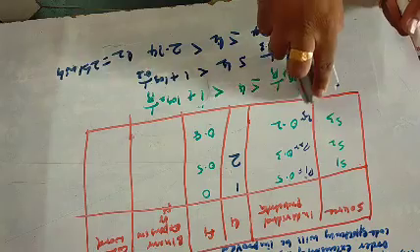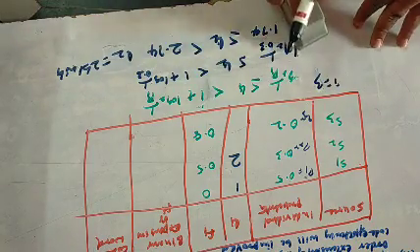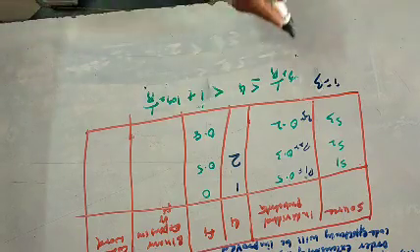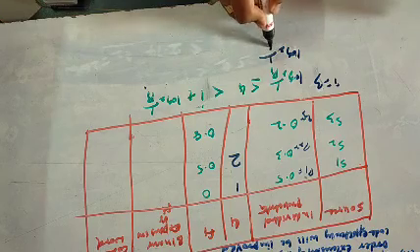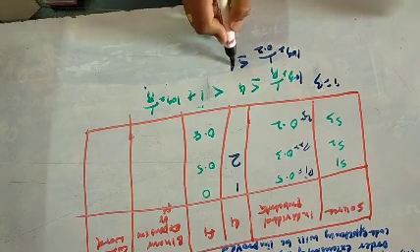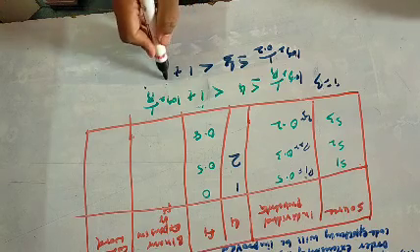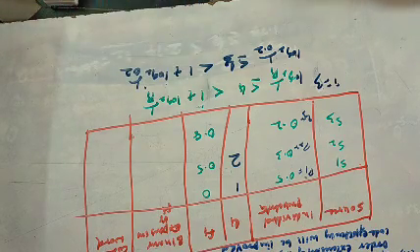Similarly, for L3, you will write this as log to the base 2 of 1 upon 0.2 less than or equal to L3. I will write directly L3 less than 1 plus log 2 of 1 upon 0.2.